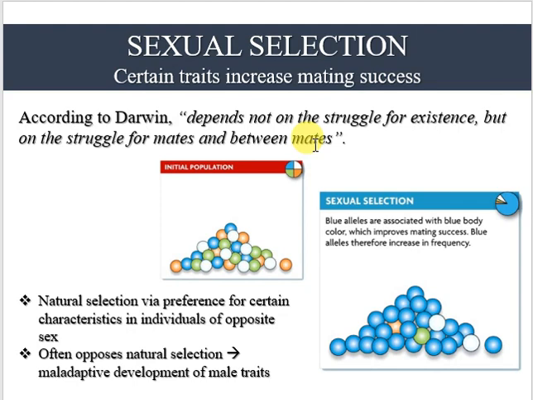Oftentimes, sexual selection opposes natural selection in that it selects for traits not favored by natural selection. And again, it's because it's selecting for traits that assist with reproduction. So if a trait provides an advantage over a rival in securing a mate, then it is subject to sexual selection.